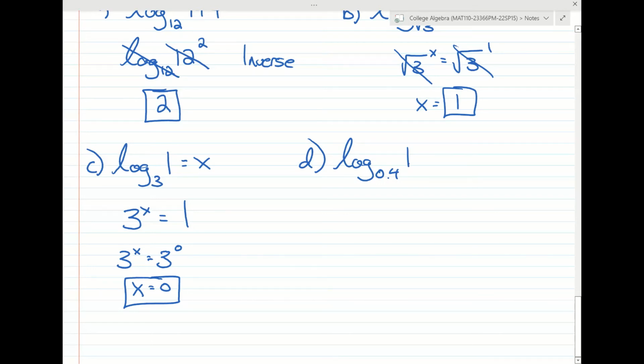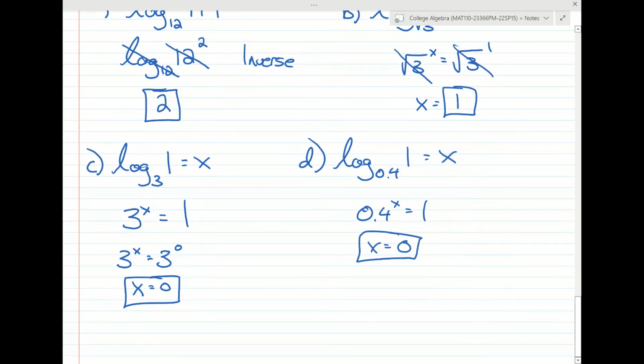What would that be? Right? Because again, we can make it equal to x and do 0.4 to the x power is 1. Anything to the 0 power is 1. So I think we're good with that.